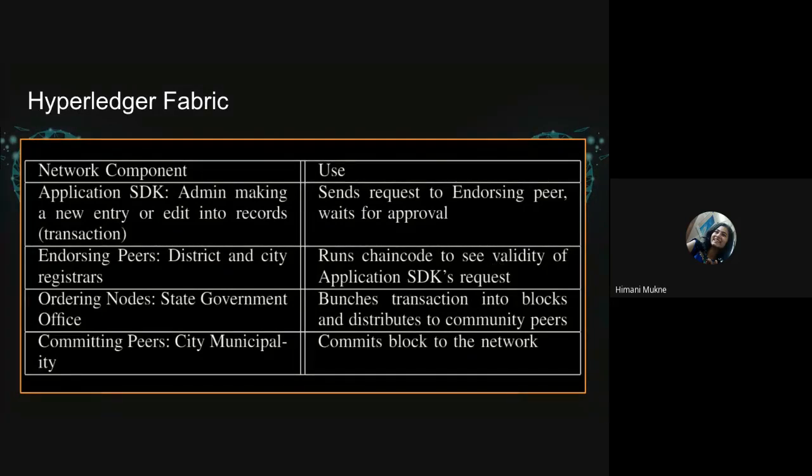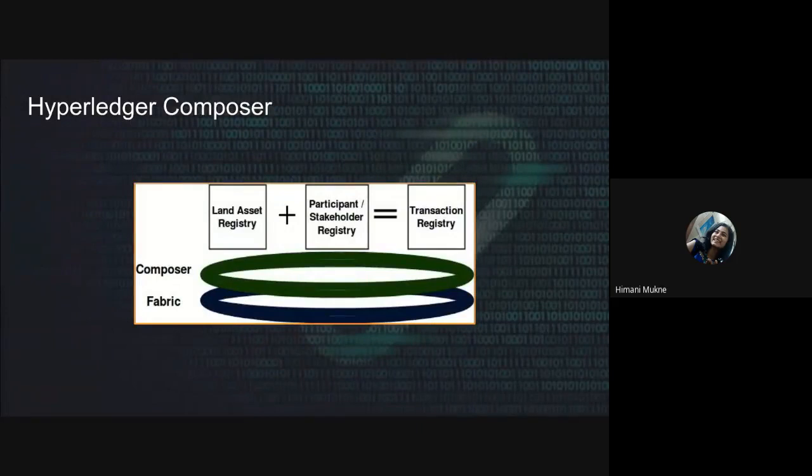Next, Hyperledger Fabric is actually an open source solution provided by Linux in association with IBM Blockchain. And Hyperledger Composer is a solution by IBM Blockchain, actually not proposed anymore, which provides an abstraction of sorts to Fabric.